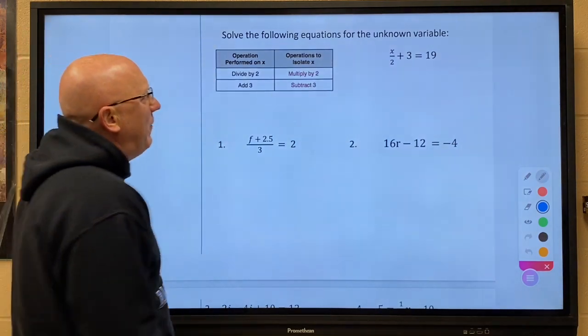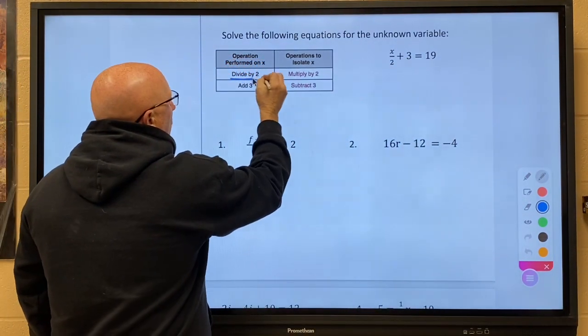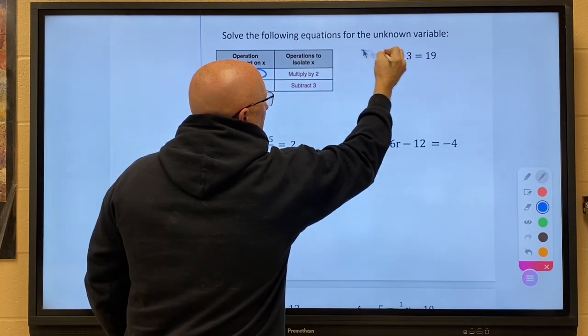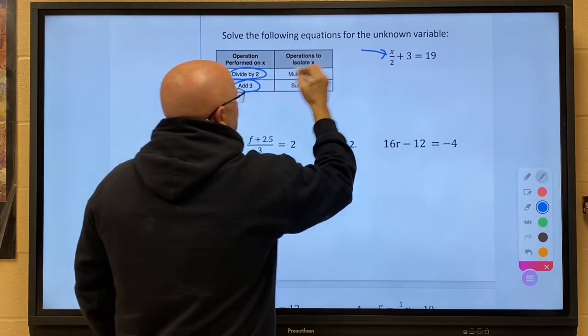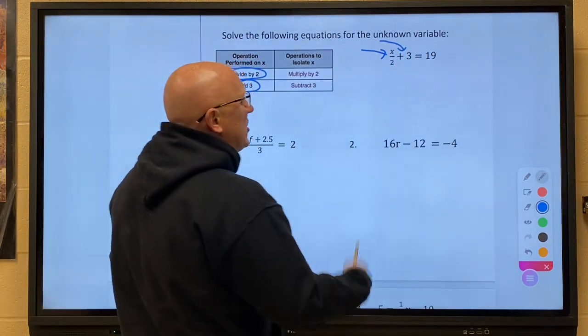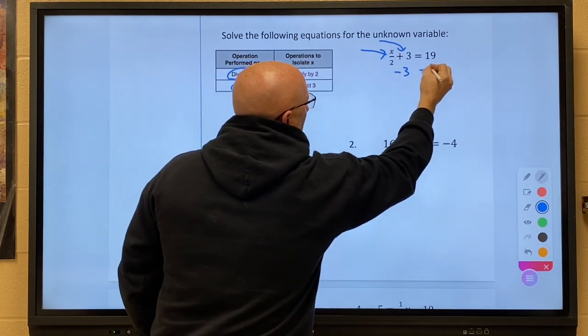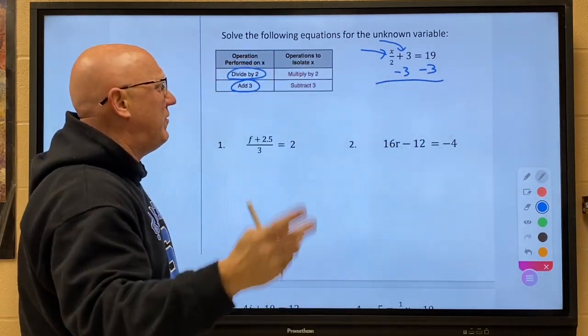So here in our first problem, we notice that we're dividing and we're adding. So we're currently dividing by 2 here, and we're also adding 3 here. So we're going to do the opposite of that in the reverse order. And so what we're going to end up doing is subtracting 3 on both sides. What we do on one side, we must do on the other.